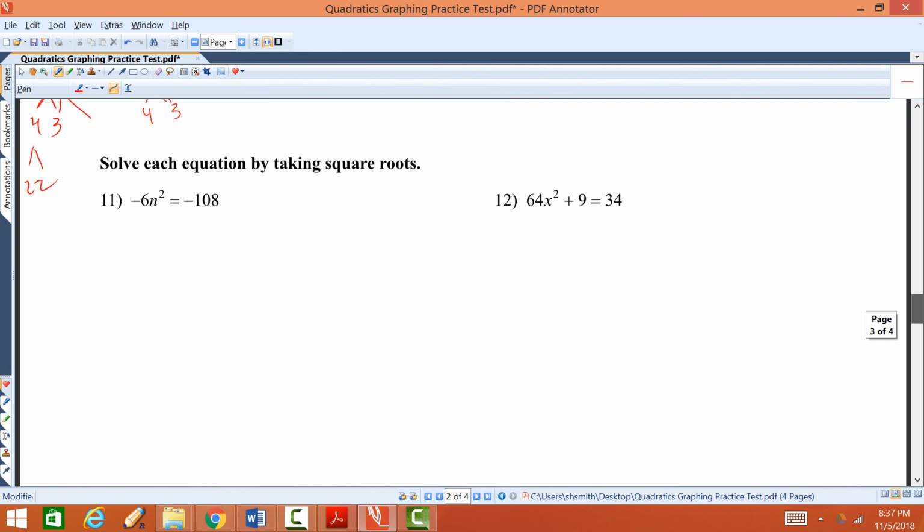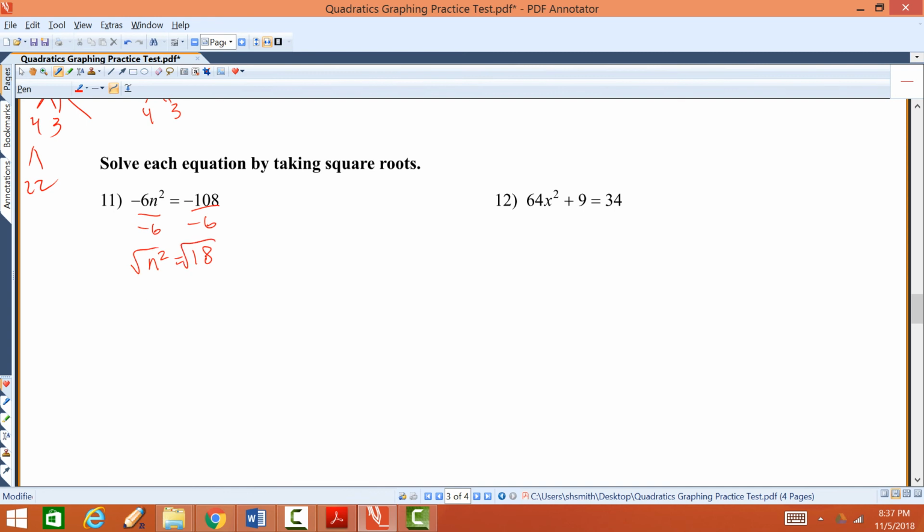Okay, solve each equation by taking square roots. All right, so let's divide both sides by -6. So n squared equals, let's see, I think that's 18. So after we divide by -6, you get 18. So now we take the square root.